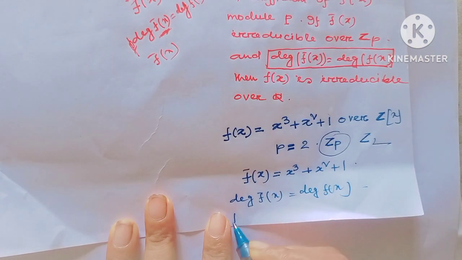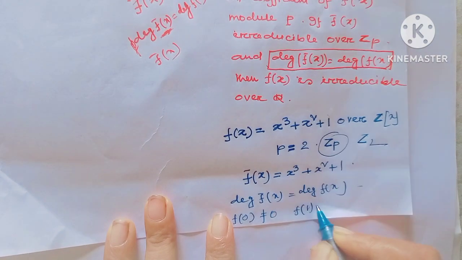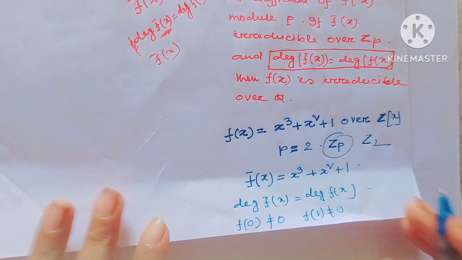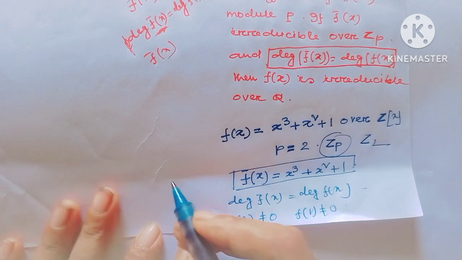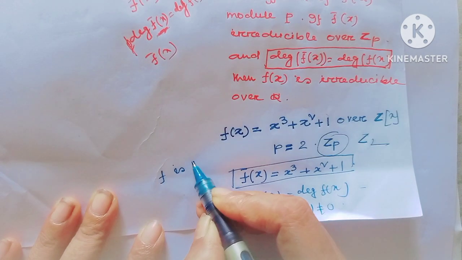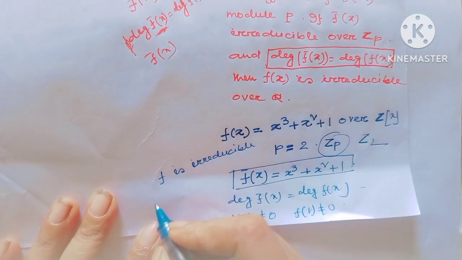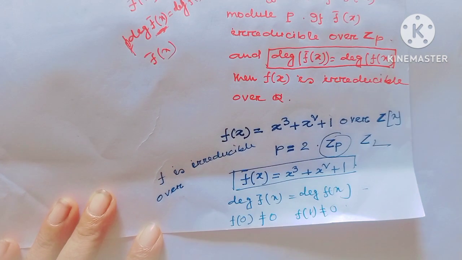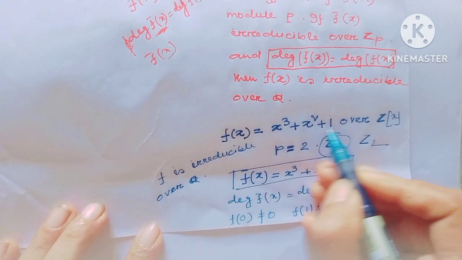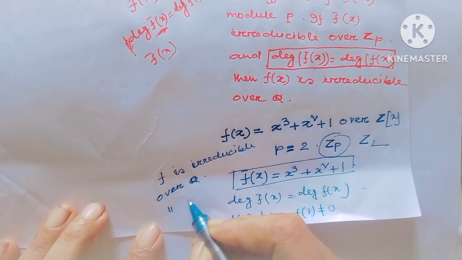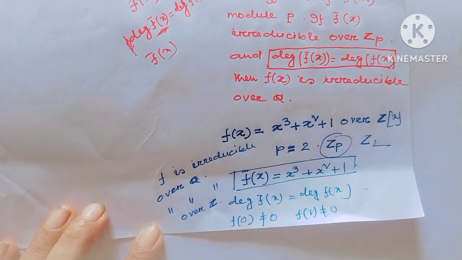In Z2, f(0) is not equal to 0. Also, f(1) is not equal to 0. So, in Z2, since f bar(x) is irreducible, we can tell f(x) is irreducible over Q. And since the polynomial is monic, f(x) is also irreducible over Z.